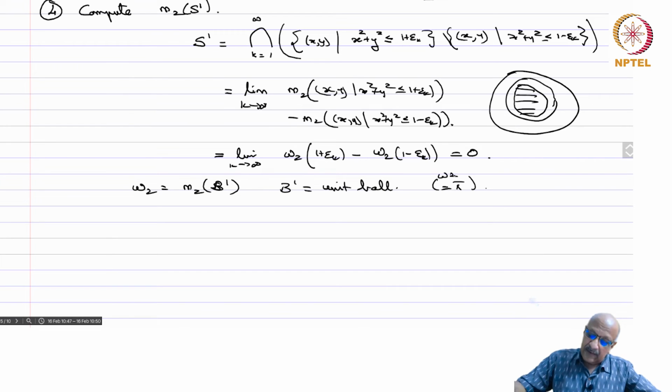This is in the assignment. You can prove that if you're given the measure of the unit ball, then the measure of the ball of radius r is nothing but omega 2 times r square. Okay, so this is what we have.